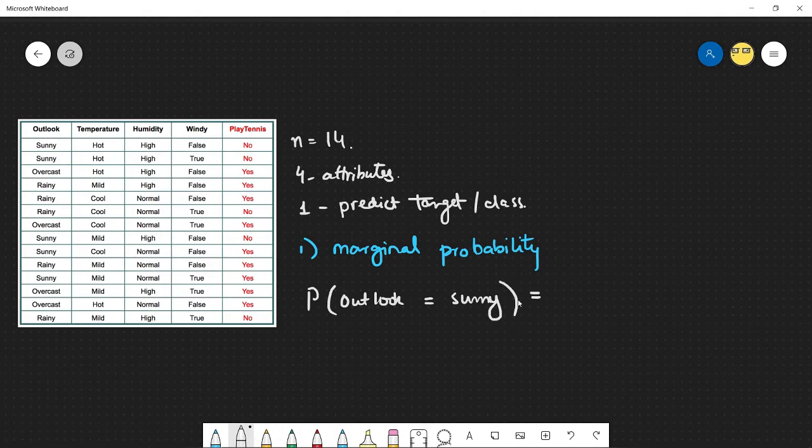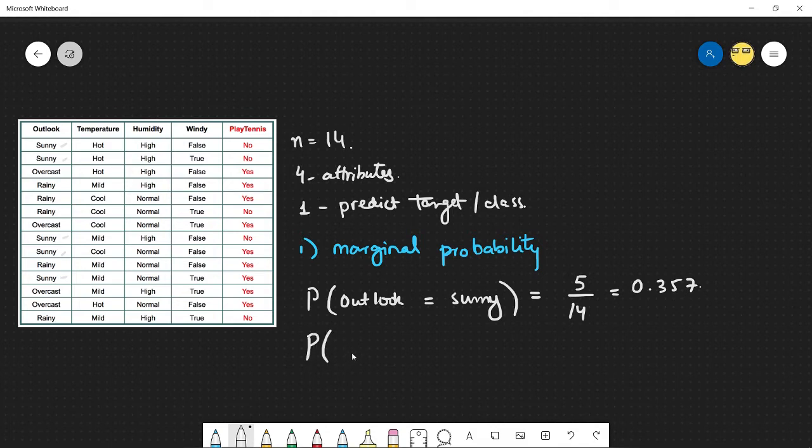To compute that, you count how many events in your historical data set had the outlook sunny. You have 1, 2, 3, 4, and 5, and you divide that by the total data points, which is 14, and that roughly estimates to 0.357.